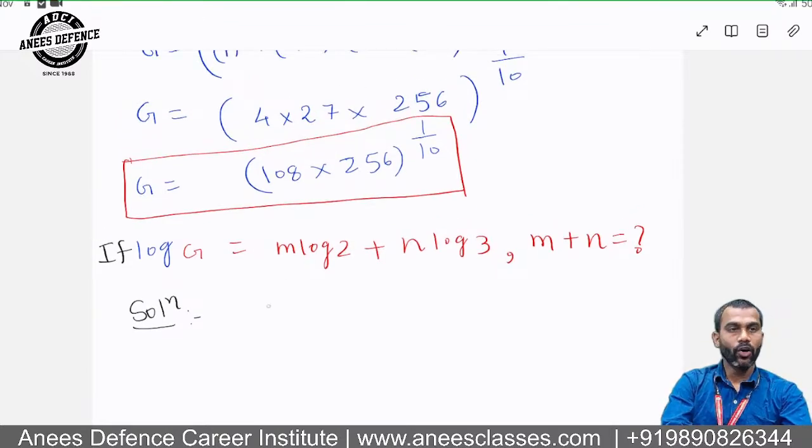Have you got the answer? What is m plus n? 13 by 10. Okay.